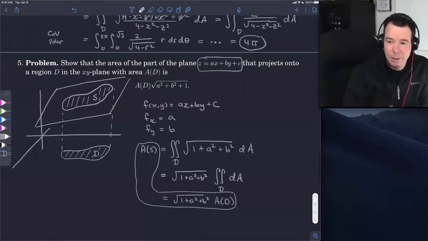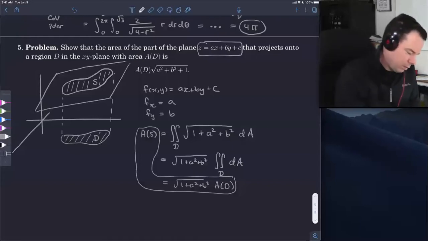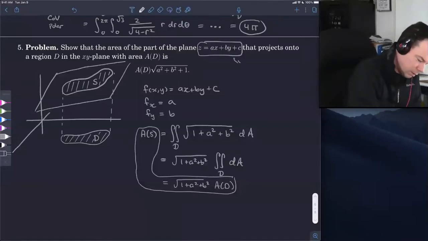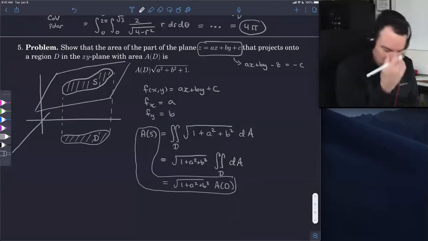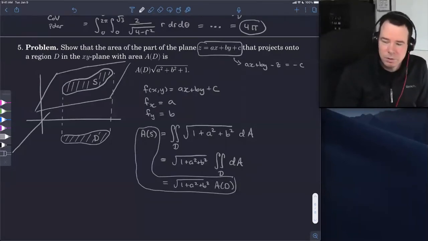Now I alluded to the fact that it seems to be connected to the normal vector. So let's just get a feel for what the normal vector is. This is a plane. We could write it as ax plus by minus z is equal to negative c. So I'll just switch where the positions of z and the constant are.